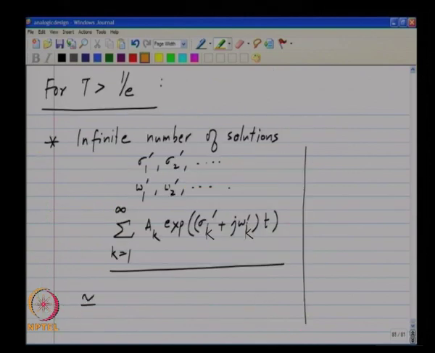If you want to write down the solution, you approximate this by a1 exponential sigma 1, sorry, I had to make this sigma 1, not sigma 1 prime, sigma 1 plus j omega 1 times t, okay, where sigma 1 and omega 1 are the lowest frequency solutions.